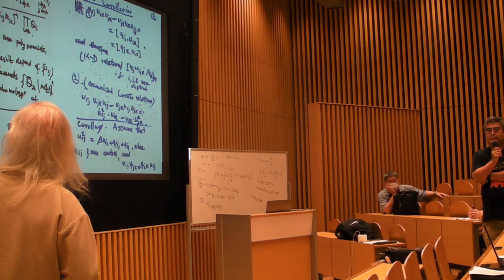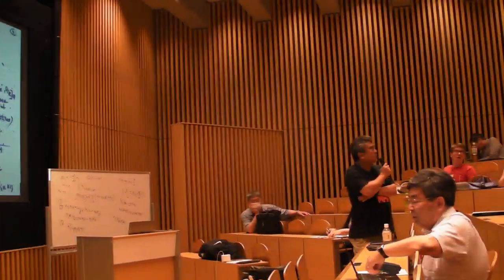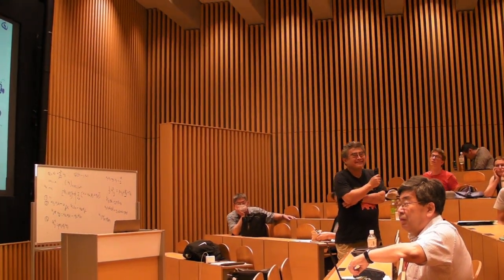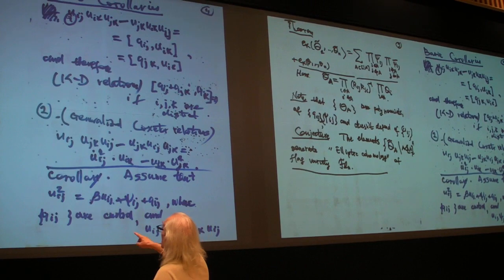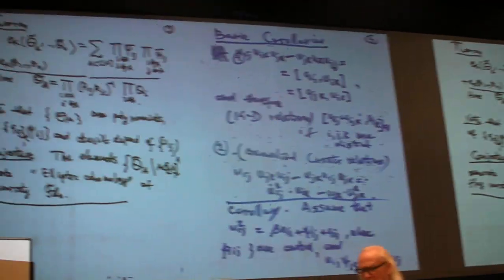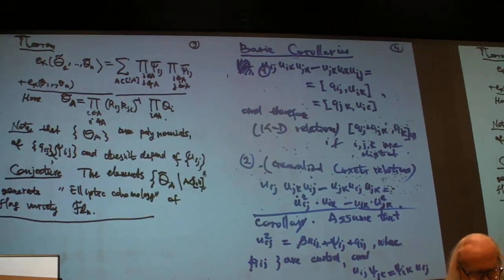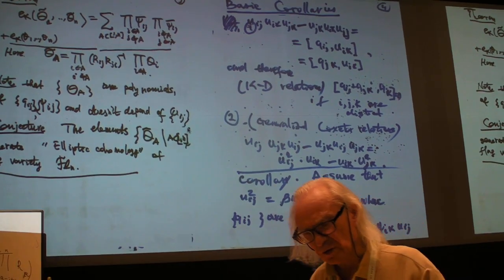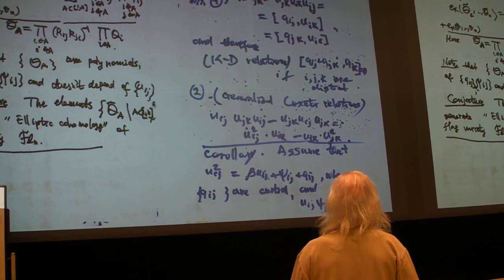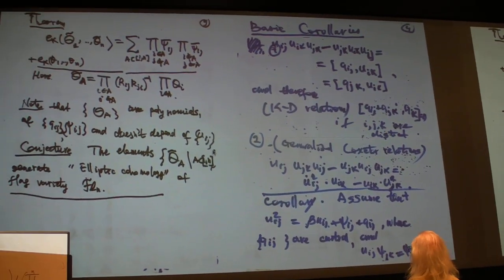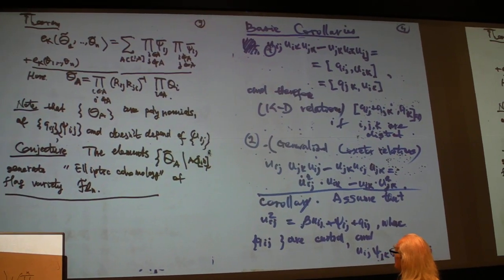Okay. So, any other questions? Maybe I wrote psi as phi. It's possible. You think this relation is a generalization of the Hecke algebra. It is a quasi-finite Hecke algebra.